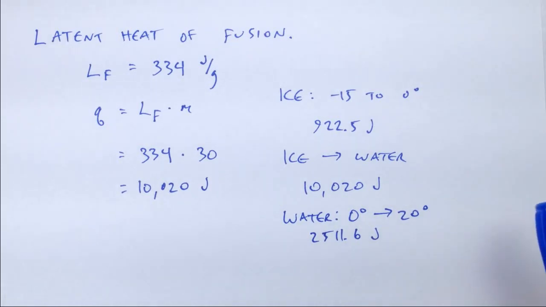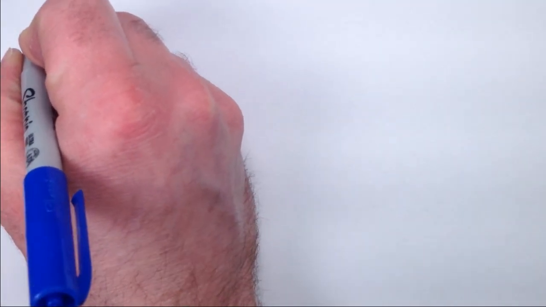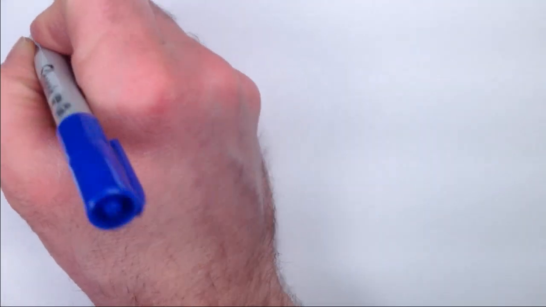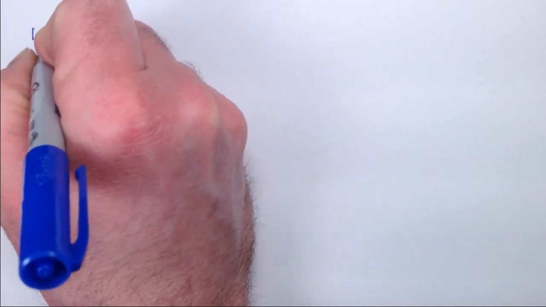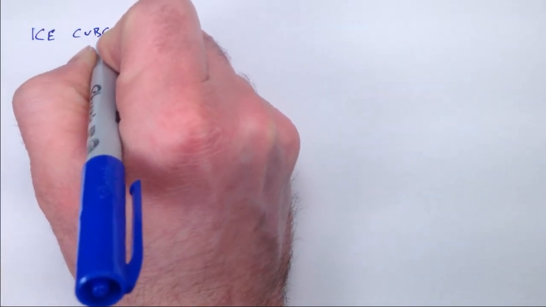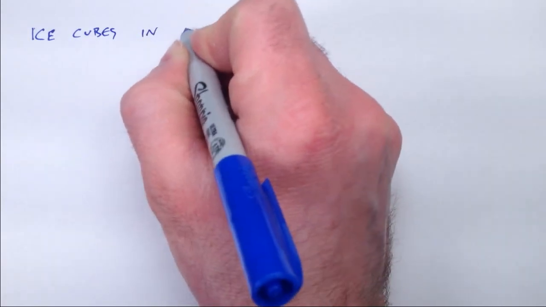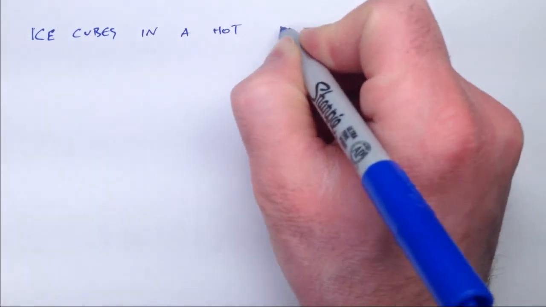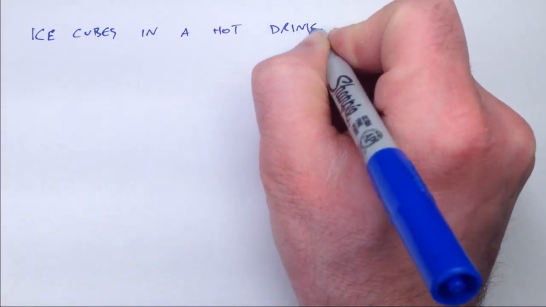All right, so that means we've got a new kind of problem. I'm going to demonstrate one and then assign one to you, okay? So this is the old ice cubes in a hot drink.